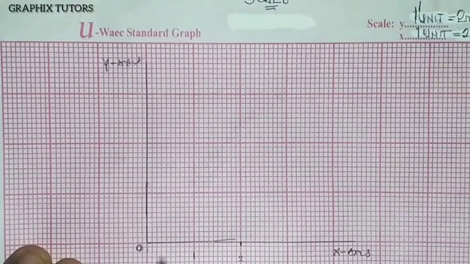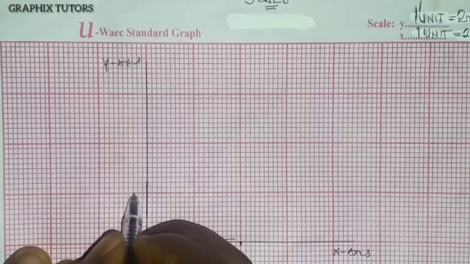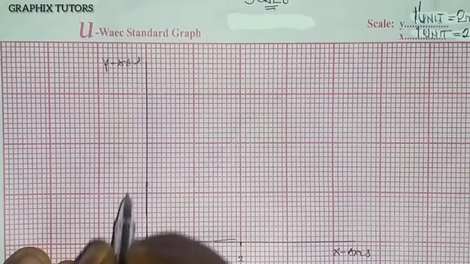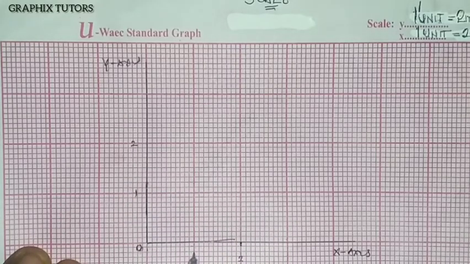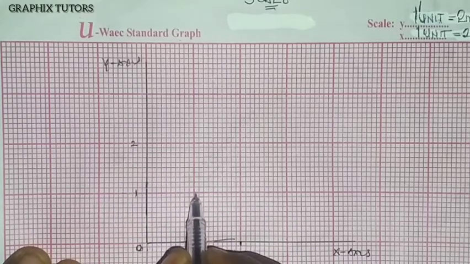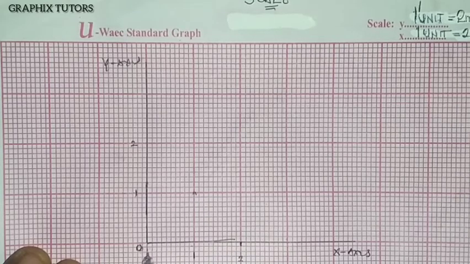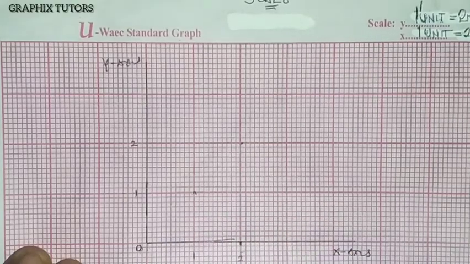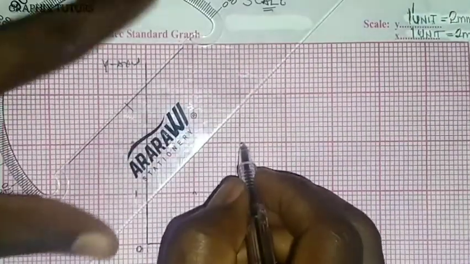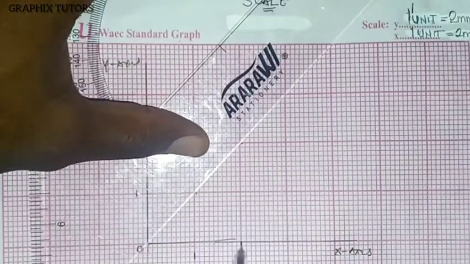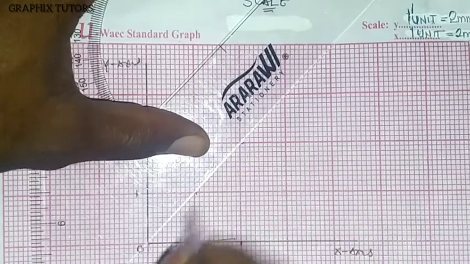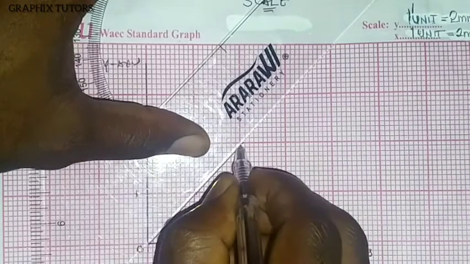So at 1, if this is also my y-axis, I also have the same thing. This is 1 and this is 2. So when x is 1, it meets here, and when y is 2, x is 2 will meet here also. So we're having something like this at this point here. So where x and y meet is at this point here. We need to be very sure they meet at this point.